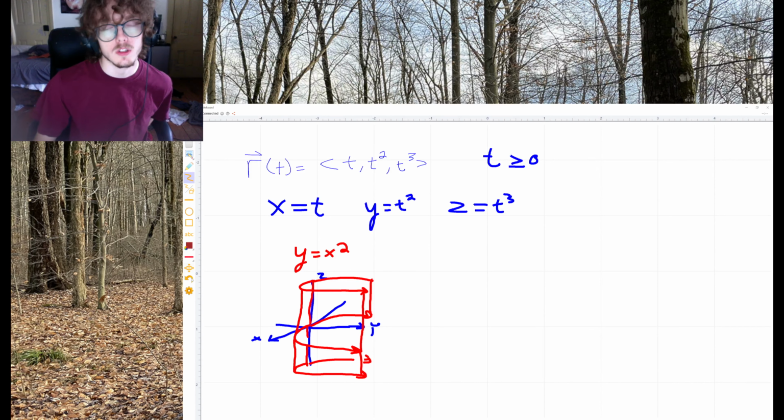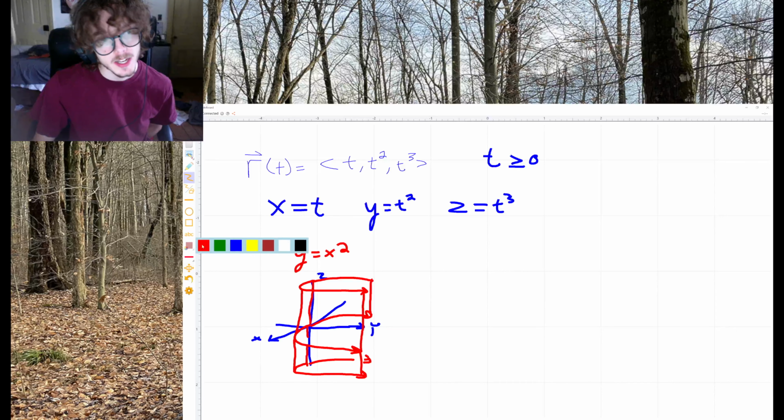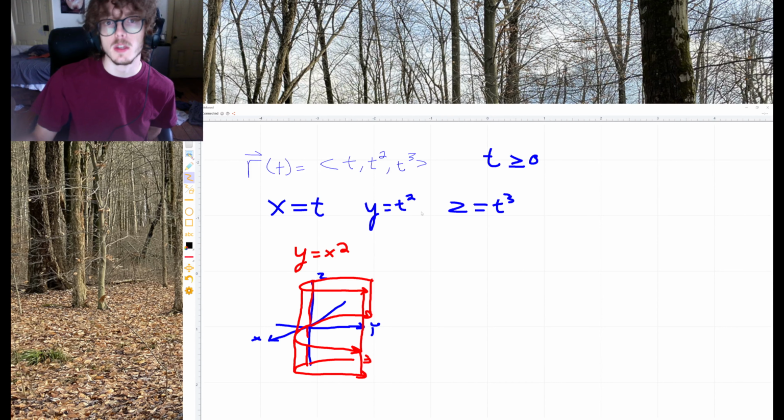I'm going to show you a visualization. I'm just going through the math right now, but you can see we have a cylinder, and somewhere that curve is going to fit on that cylinder. The best way to find this function is to solve all your variables for t and set them equal to each other. Here, y would become the square root of t, so t equals the square root of y.